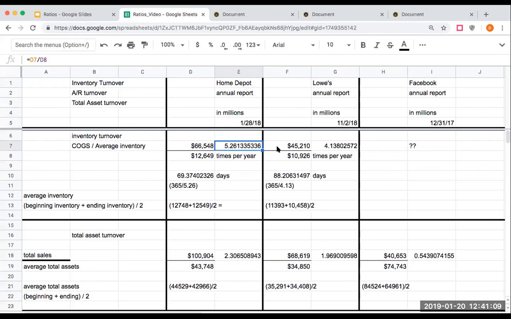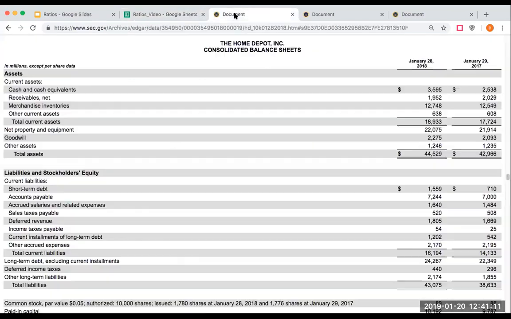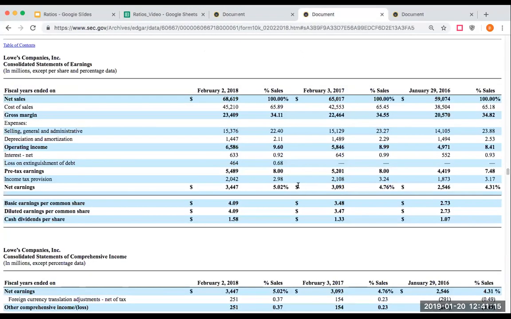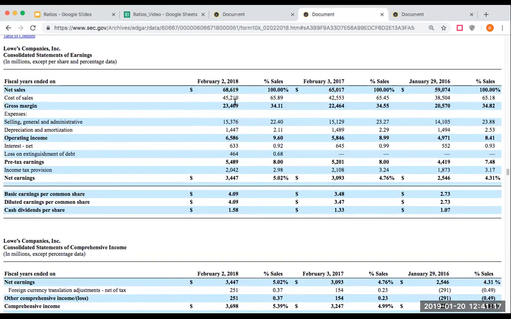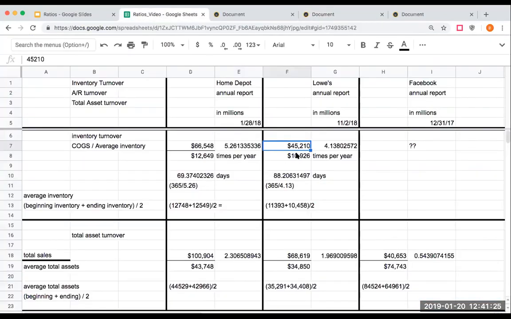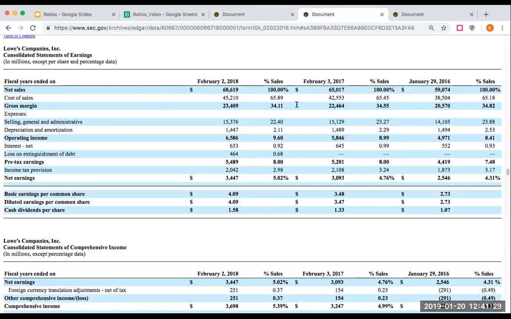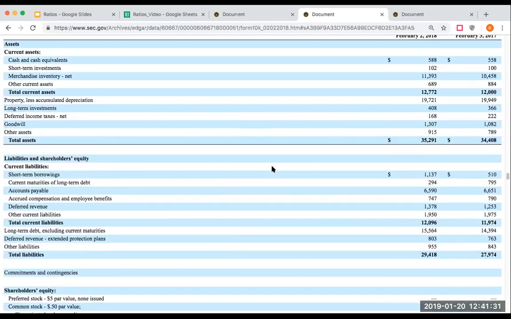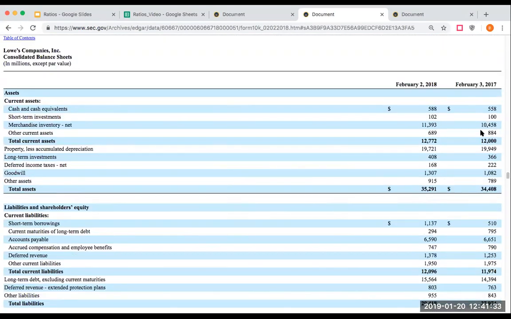Let's now take a look at Lowe's. When we go to Lowe's, Lowe's has cost of goods sold of $45.2 billion for the fiscal year ended February 2nd, 2018. And then their average inventory, their beginning inventory was $10,458 million.